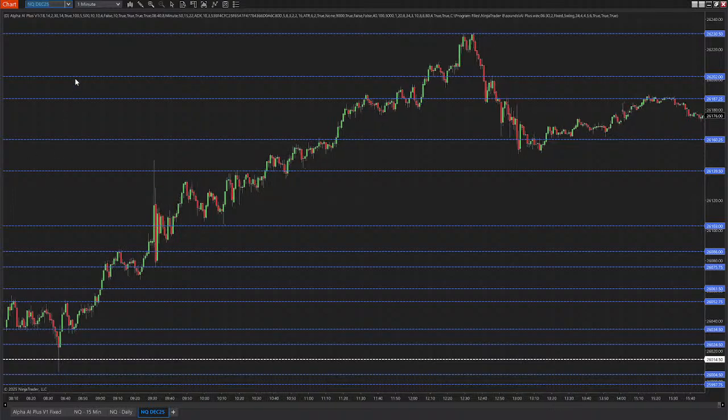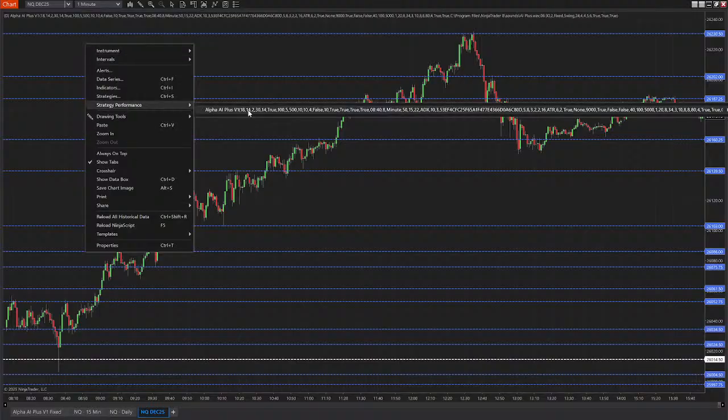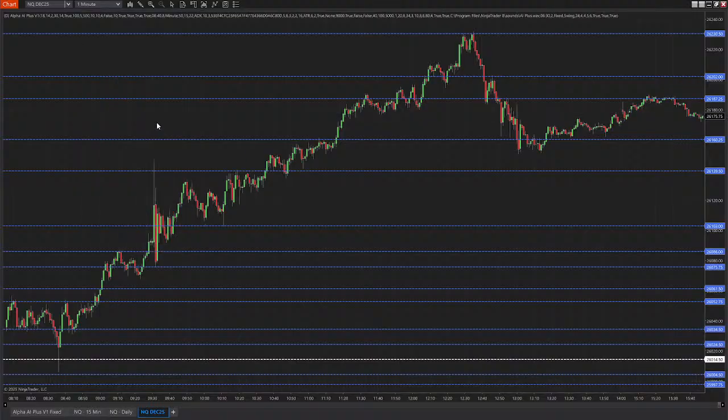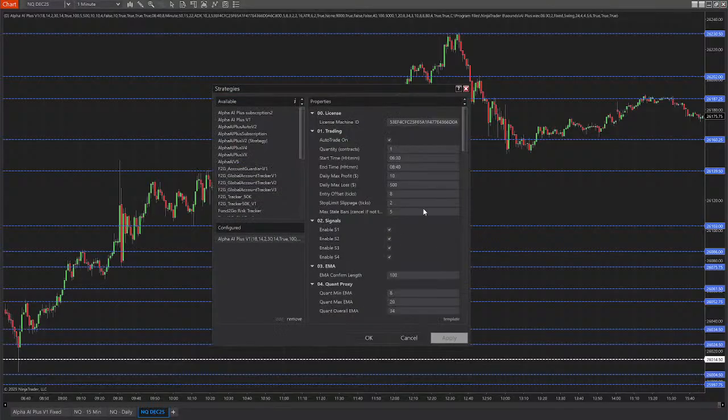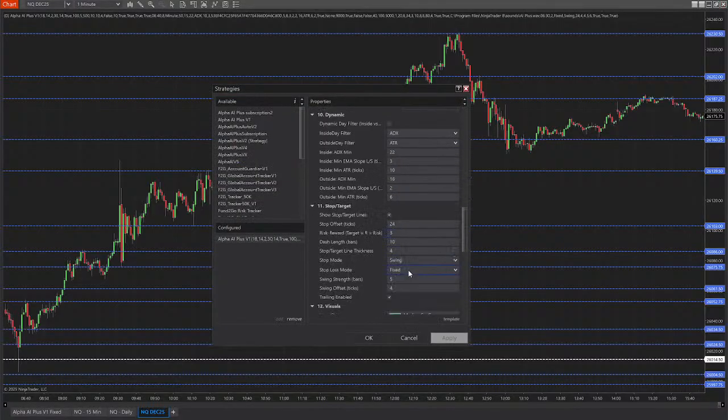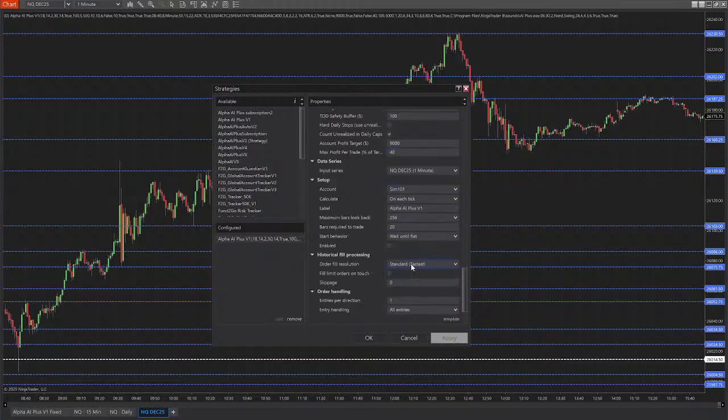Let's see what happened here if we change the max loss per day to 500. No, I didn't enable it yet. What happened? Okay. Need to enable it. So we make it 500, then you enable this.